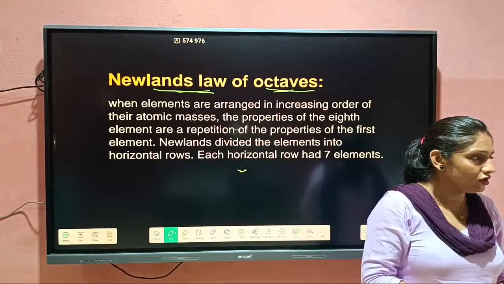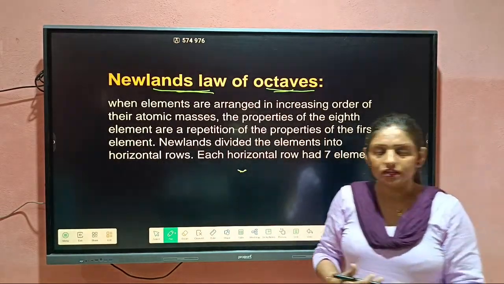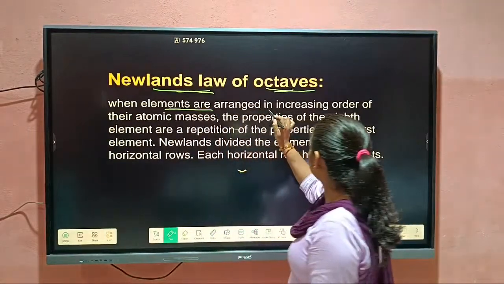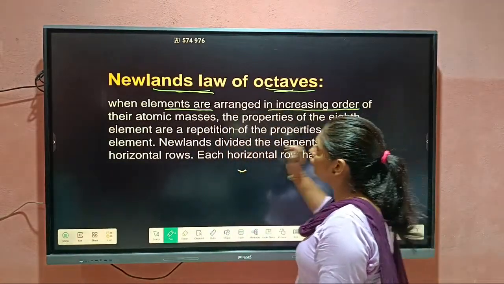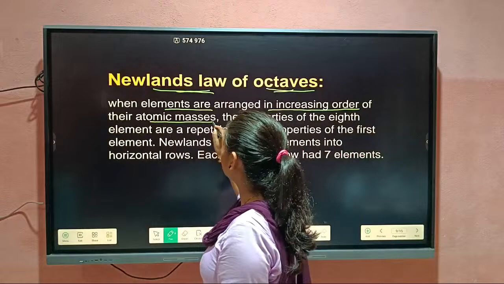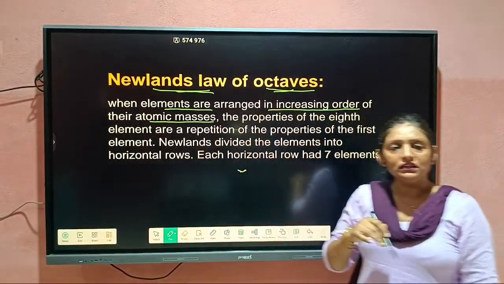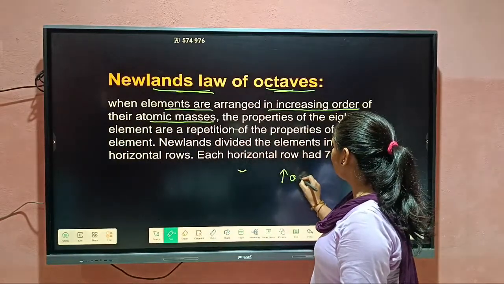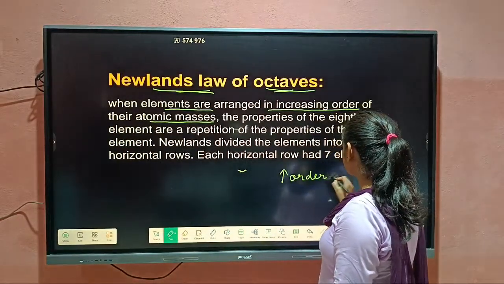It is clear to you or not? What does this law state? When elements are arranged in increasing order of their atomic masses. Again we arrange the elements in increasing order of atomic mass.